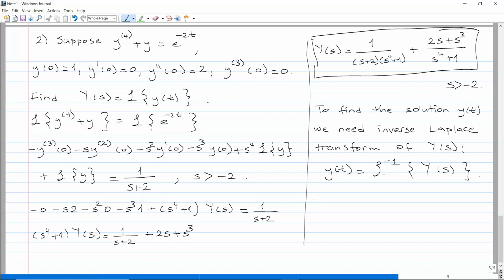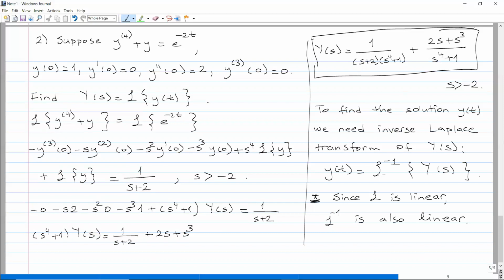To do this, we use this important fact. Since the Laplace transform is linear, its inverse is also linear. So this is the main thing we are going to use.